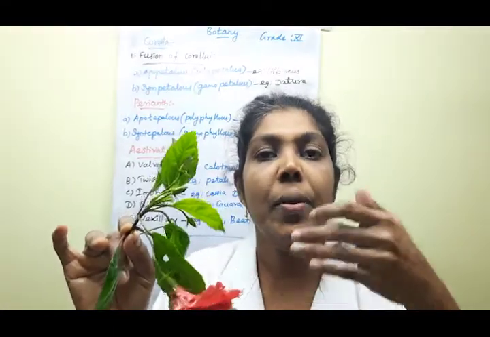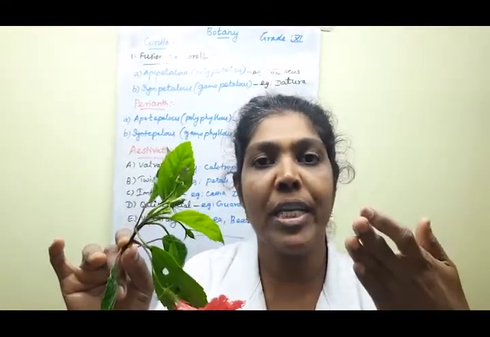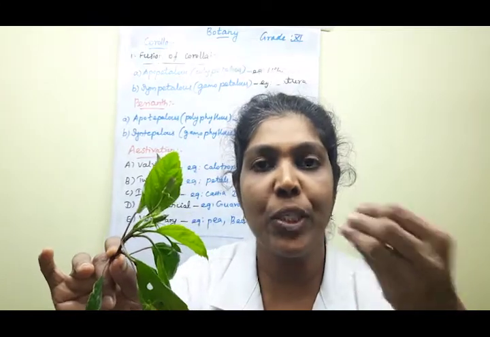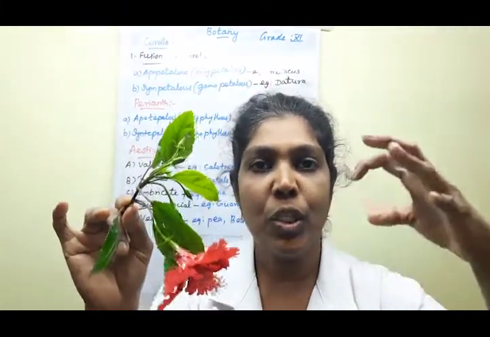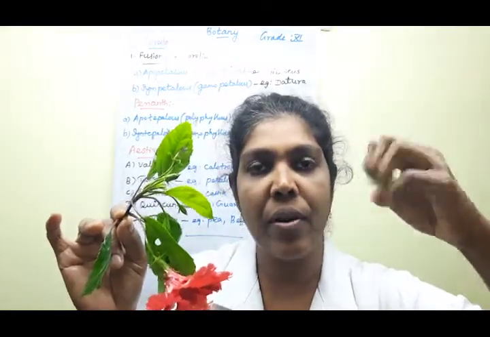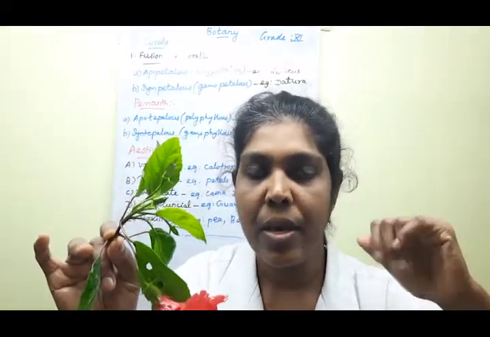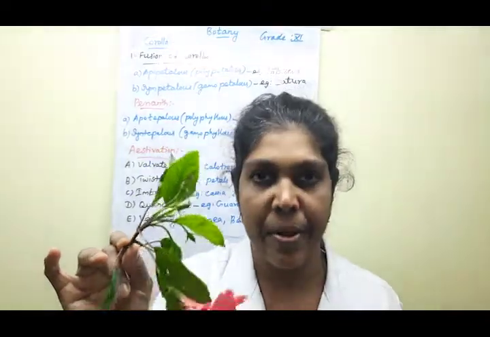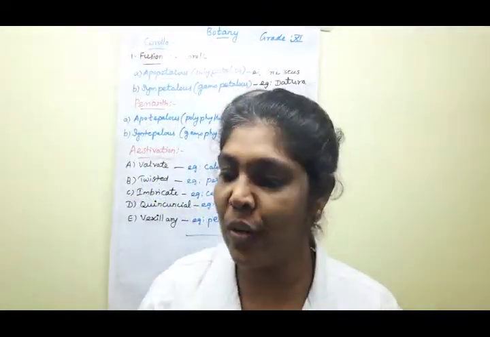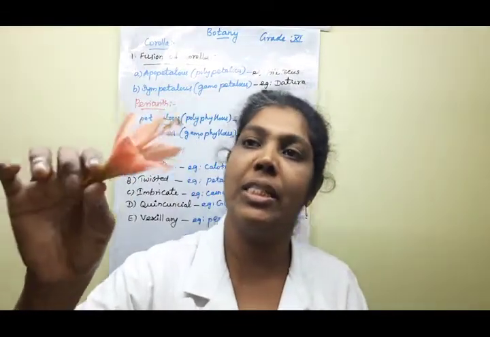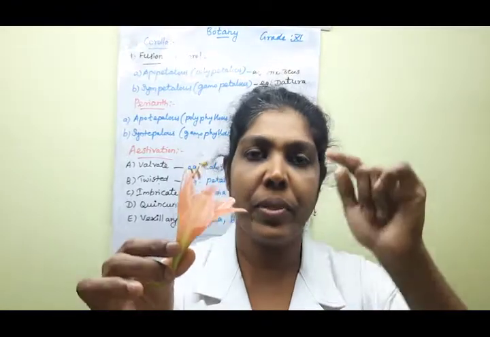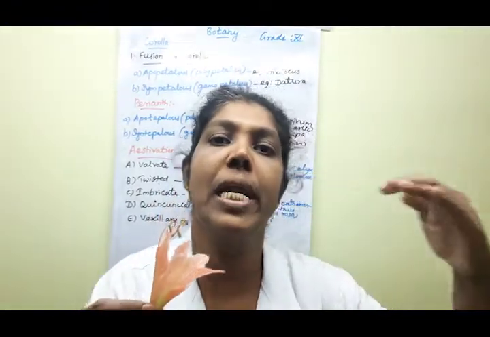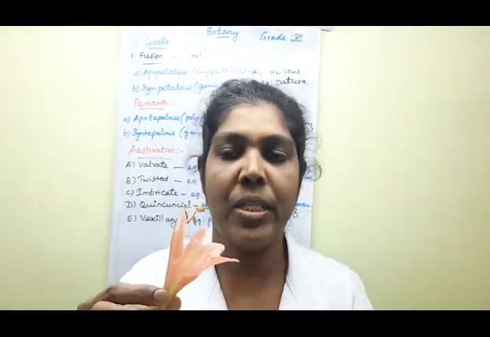Then, for what purpose is the corolla functioning? First, it attracts insects for pollination purposes. What is the use of the corolla, children? It has very attractive colors, so it attracts insects for pollination.